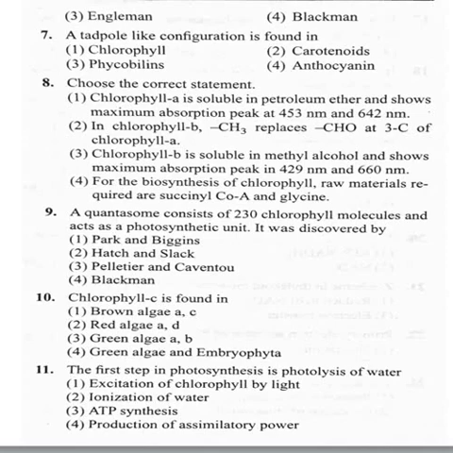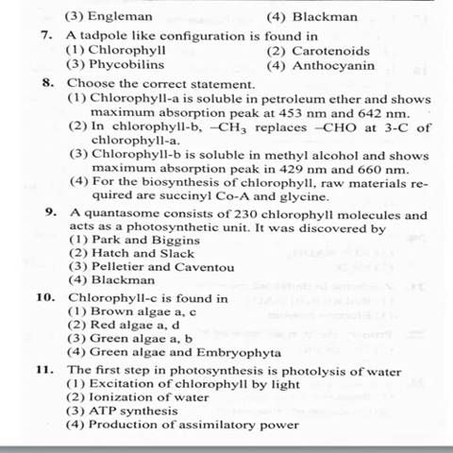Now coming to the ninth question. A quantasome consists of 230 chlorophyll molecules and acts as photosynthetic unit. It was discovered by option 1 Park and Biggins, option 2 Hatch and Slack, option 3 Pelletier and Cavendish, option 4 Blackman.